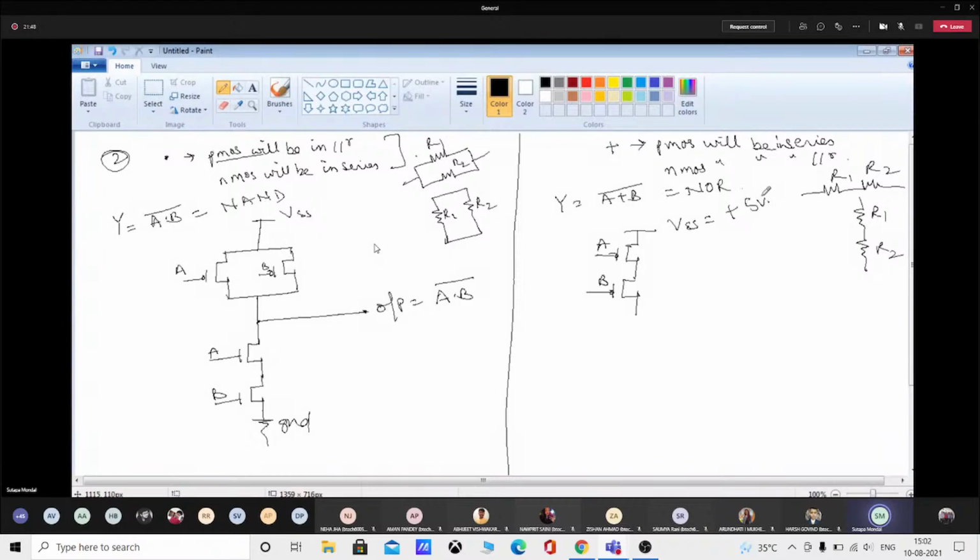Anything you can give, 12 also, 25 also, 7 also, according to the circuit. So here it is your NMOS. I have done a bit wrong. Let me rub it.